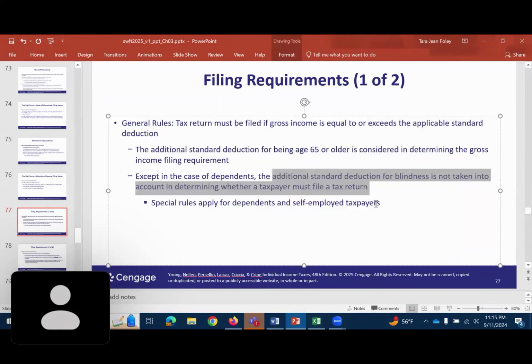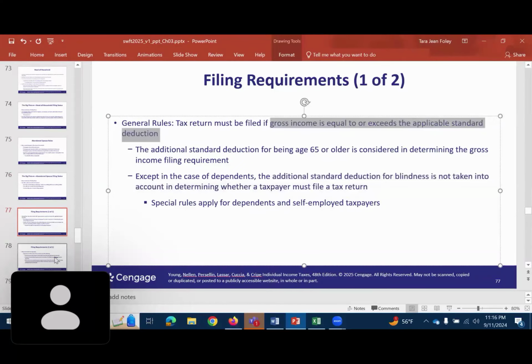What does that mean? Let's say my dependent is my mother and she's 82 years old, which is over 65. But I don't have a lot of income and my income is less than the standard deduction. I will not take into consideration the additional standard deduction of being over 65 when I'm doing this test, okay?